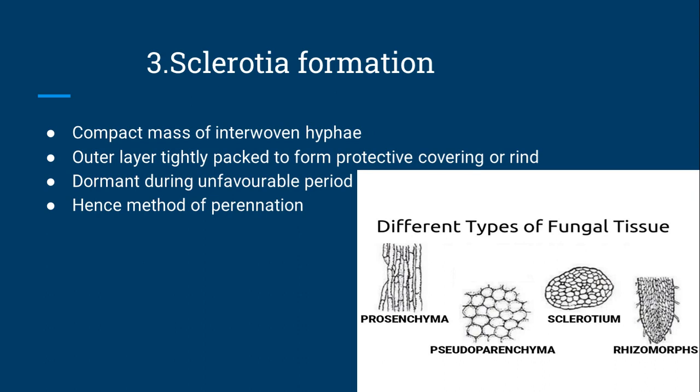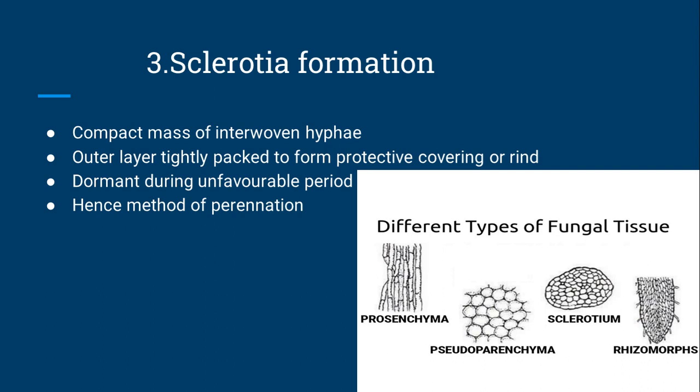Now here is the diagram of a sclerotium. How does it look? It's a compact mass of interwoven hyphae. Means these hyphae of the mycelium are so tightly packed that they form an outer protective covering, which is also called a rind. But this structure is dormant during unfavorable periods, meaning it does not grow during that period because it is not getting any favorable temperature or moist condition.